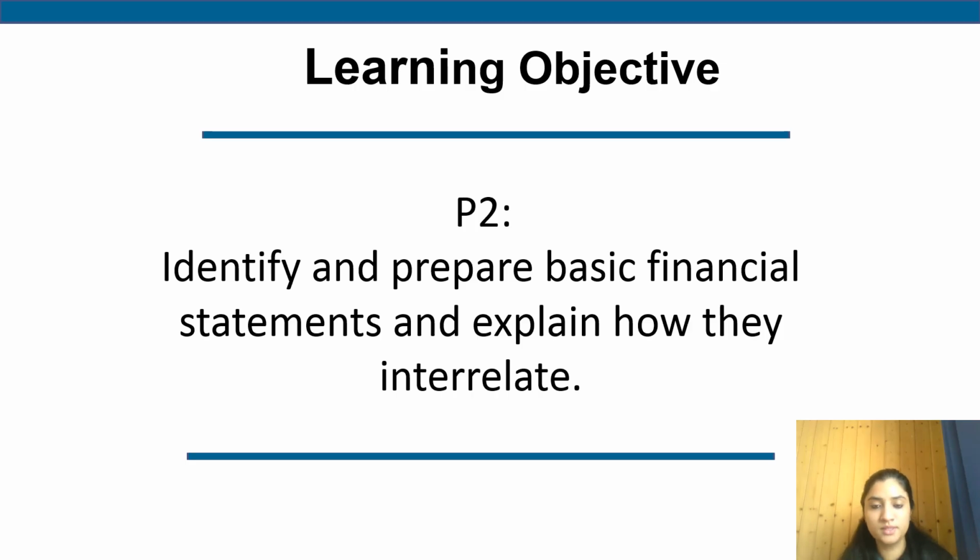Similarly, the cash flow statement tells us where the company has spent or gained cash, whether the cash flows have come into the company or flowed out. So we get this kind of information from all of them, and these are interrelated with each other.